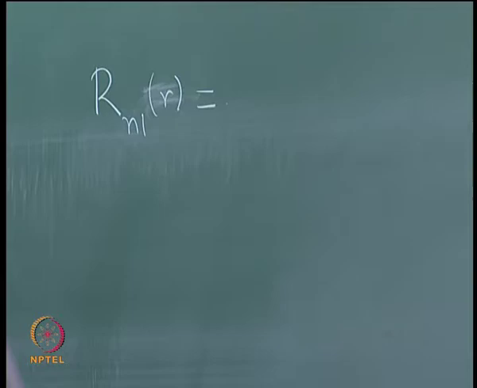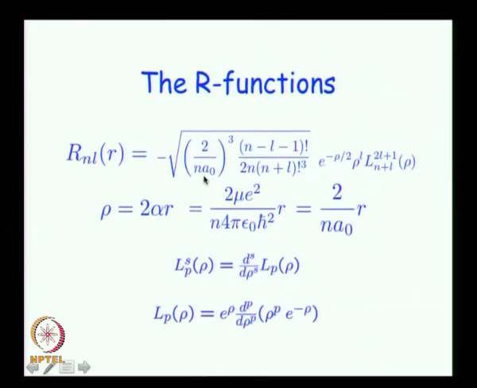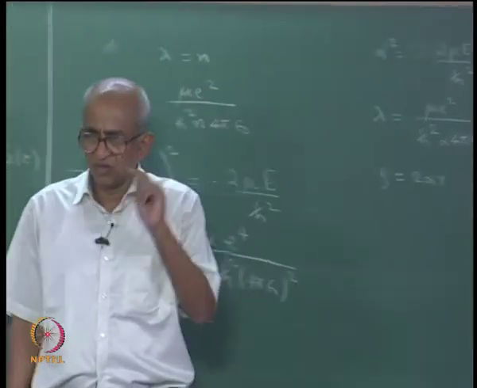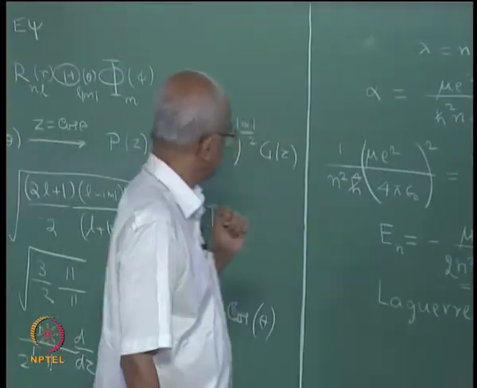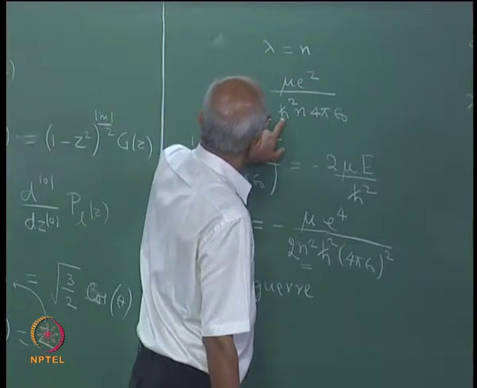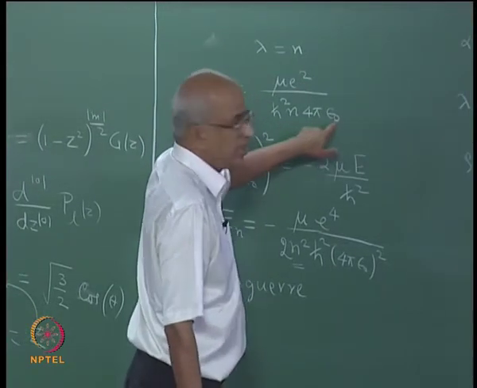You look at this expression, well, there is a constant here that I have not yet introduced, but I will introduce. What is that constant? We have defined rho to be equal to 2 alpha r. What was alpha? Alpha is equal to mu e square divided by h cross square 4 pi epsilon 0.